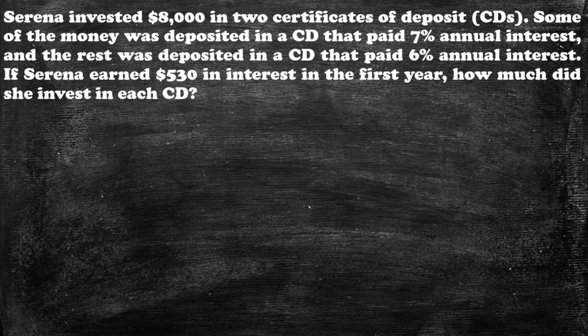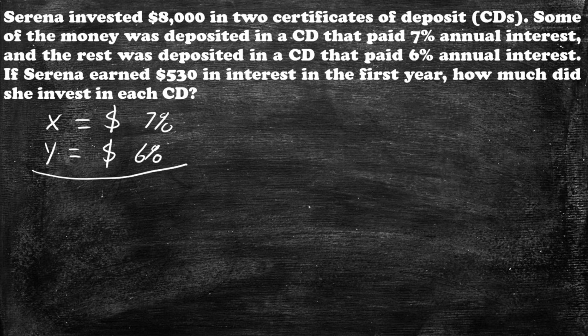So what we always want to start off with is defining our variables. In this case, I'm going to let X represent the amount of money for the 7% interest CD, and I'm going to let Y equal the amount of money for the 6% interest CD.